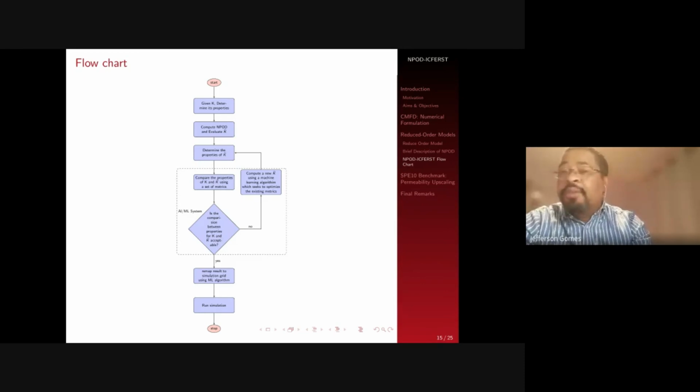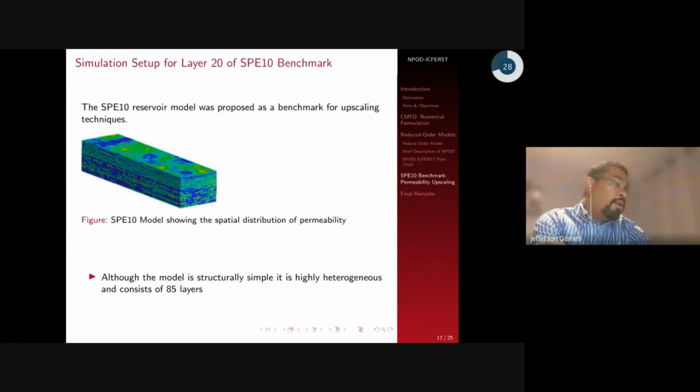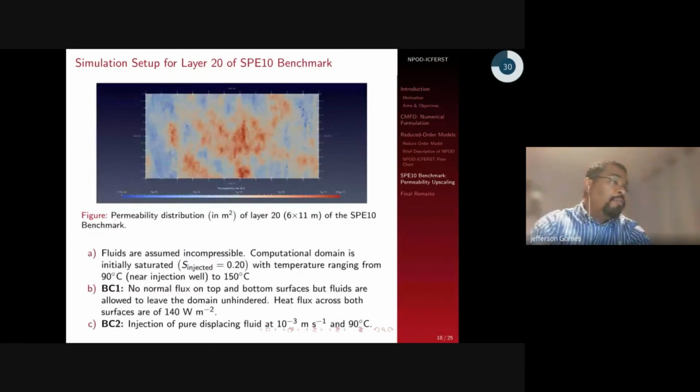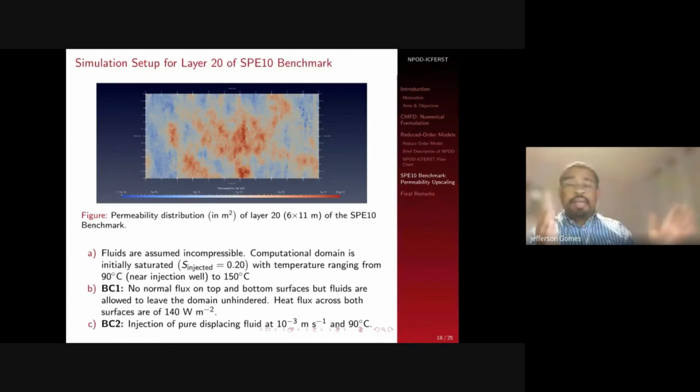Yes. Let me show the slide. This is a 2D representation of this layer. Just to make sure that the simulation would be exciting to watch, because you can imagine that if you just inject 0.0001 meters per second of fluid, you have to wait for 10 years to get something there, and it would be very boring.